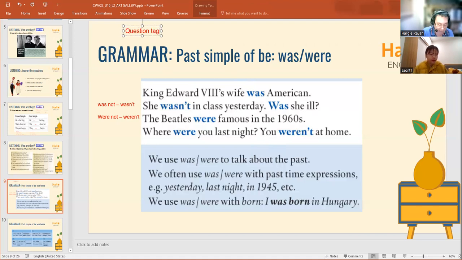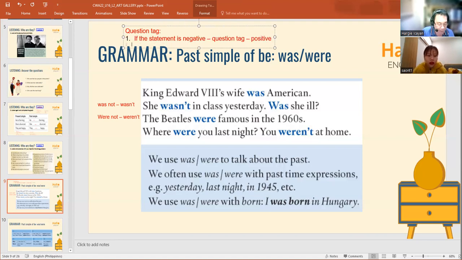Okay, so question tags. What's the rule in the question tag? Rule number one: if the statement is negative, the question tag should be positive.